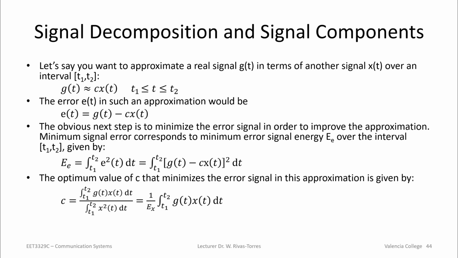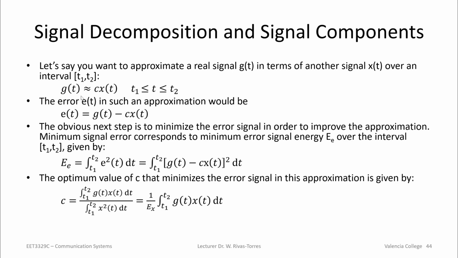So let's say we want to take a real signal and approximate it with another signal, right? So what we want to do is take any signal g of t and approximate it with another signal x of t.